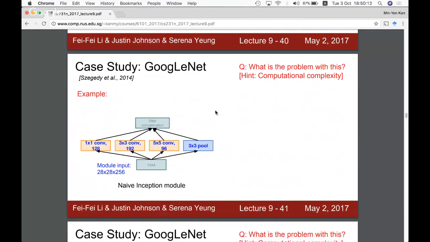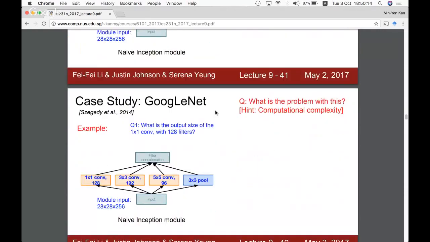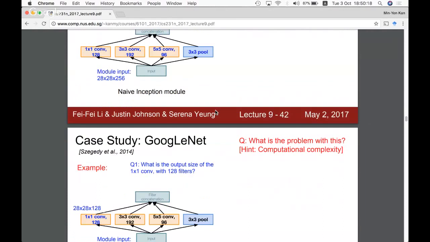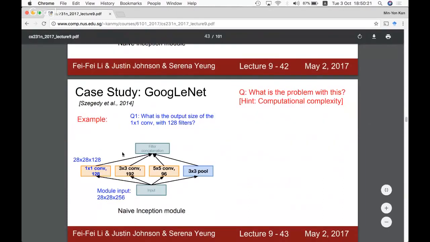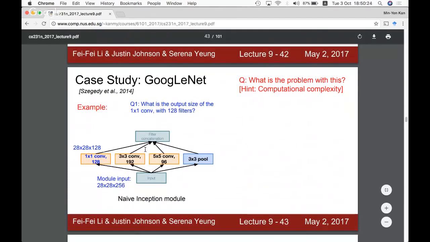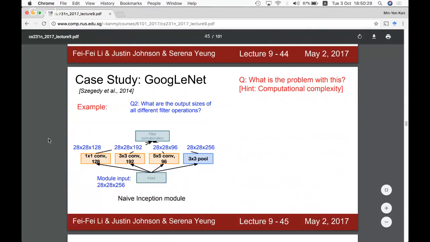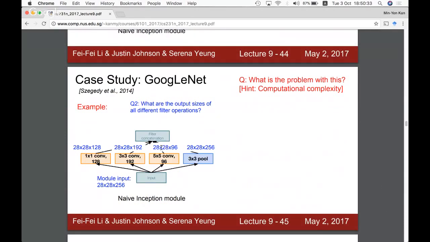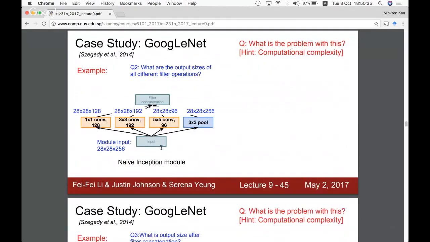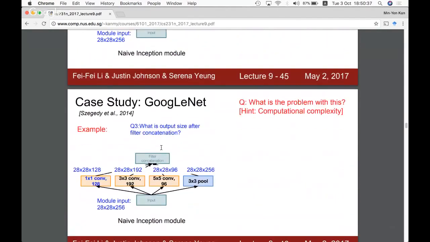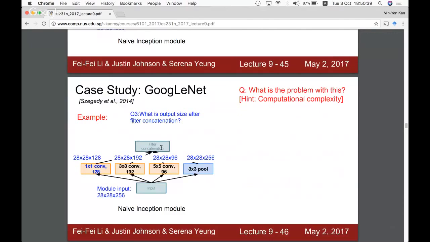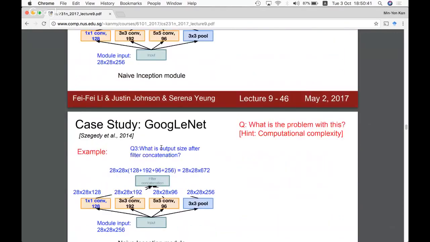When you apply convolution to the 28 cross 28 cross 256 input, you get 28 cross 28 cross 128 and 28 cross 28 cross 192, and similarly for the others. When you concatenate together, you get a depth of 672, so your layer would be 28 cross 28 cross 672.